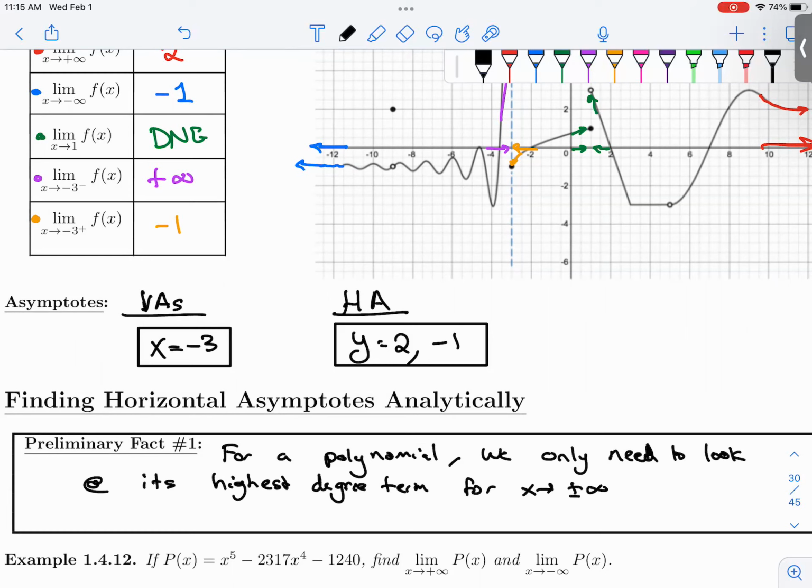None of the other terms matter. When you're talking locally, when you're talking about the limit as x approaches 5 or x approaches 10, all the factors matter. But if you're talking about end behavior, you're talking about infinitely big numbers, right? Like things that we can't even imagine how large they are. All the other stuff does not matter. No matter how big the other stuff is, the thing just gets dominated by the highest degree term.